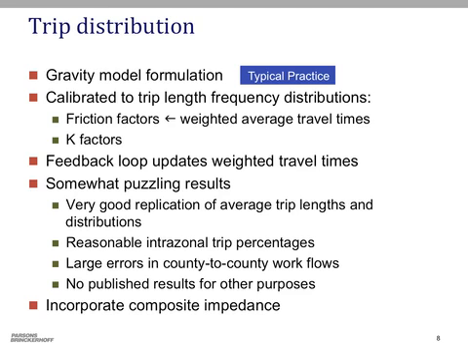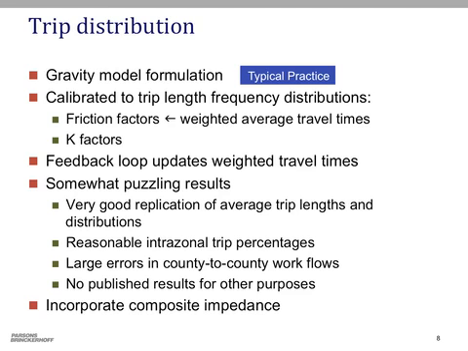Despite having a fairly standard model, I see some fairly puzzling results. Overall, for the region, they do a great job of replicating the average trip lengths and the shape of the trip length frequency distributions. And the interzonal trip percentages look really reasonable to me.